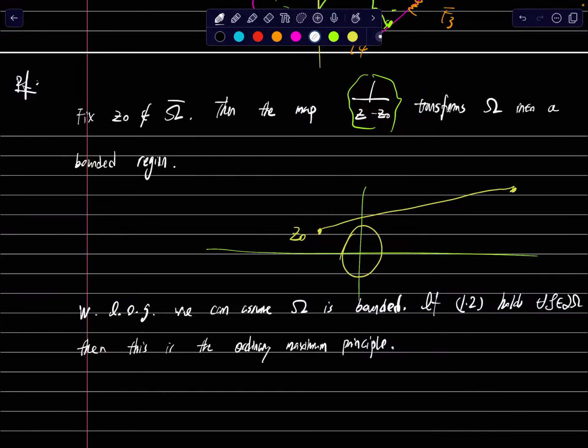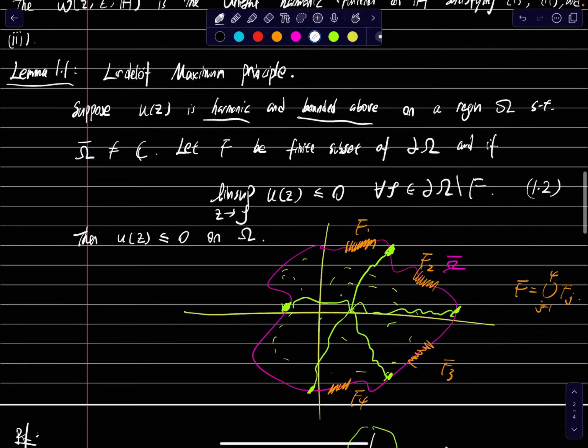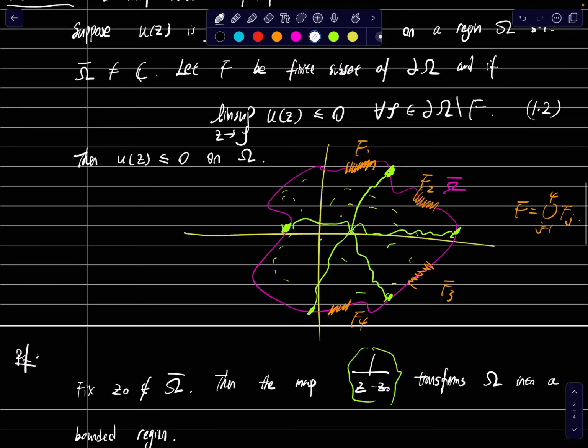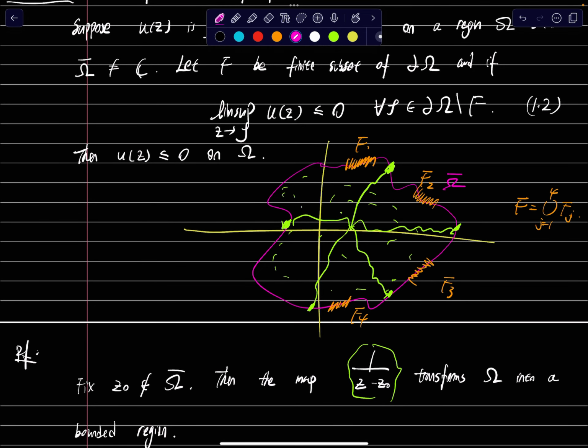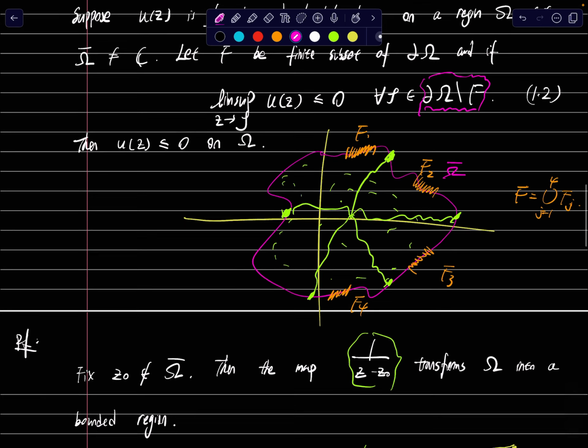So our Lindelof maximum principle is stronger than the usual ordinary maximum principle for subharmonic or superharmonic functions. But note that in our assumption, zeta cannot be chosen arbitrarily on the boundary of omega, but in the boundary of omega minus a finite subset. But that's okay.